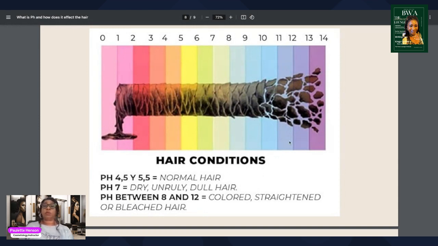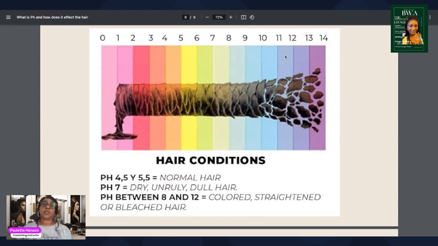And so once you've completed your service, especially those that use 40, 30 volume, you double process with the toner, the hair is like this. And so when you go to rinse that product out and you rough up that hair by shampooing, then the hair is going to frizz up because the cuticle layer is wide open and the hair is too far from being in that normal state.